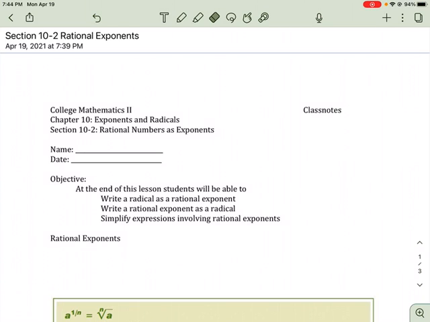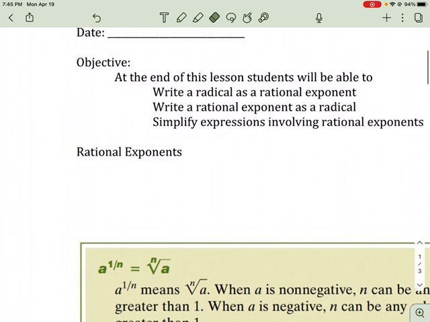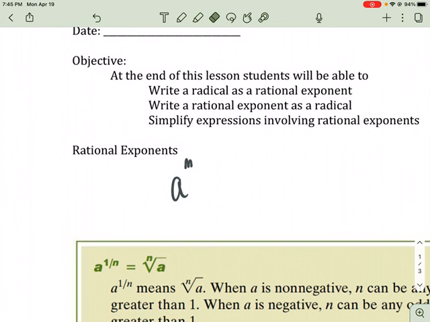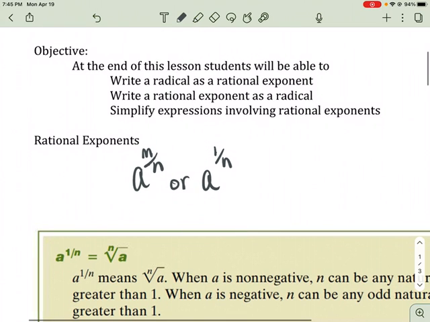All right, so today we're going to write radicals as rational exponents and then write rational exponents as radicals. And then we're going to simplify some expressions involving rational exponents. When we talk about rational exponents, that basically means we're going to have a to some power that's a fraction, like m over n.